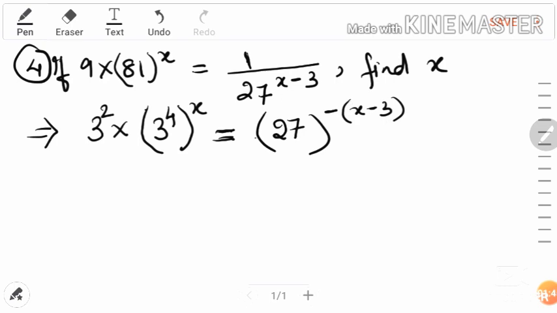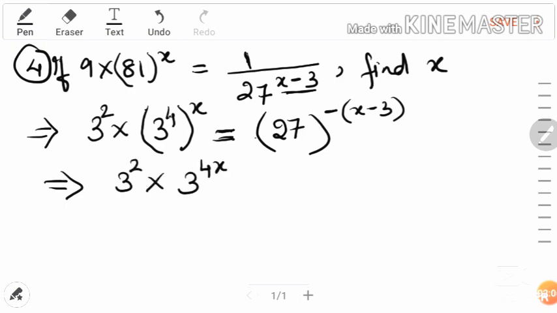Now since the power here is an algebraic expression, we will keep it inside the bracket as there is a minus sign before it. We will open it in the next step. So this implies 3 square into 3 to the power 4x.